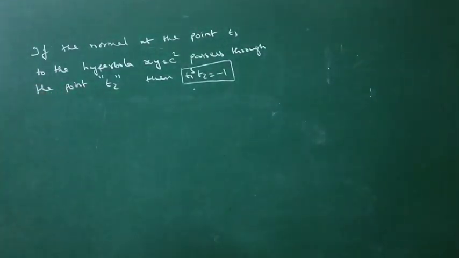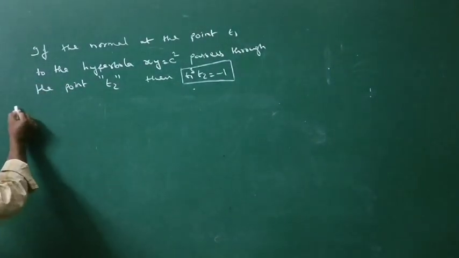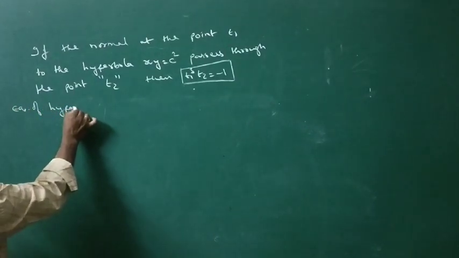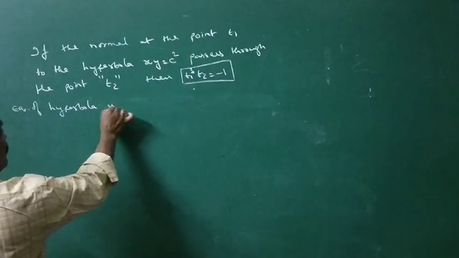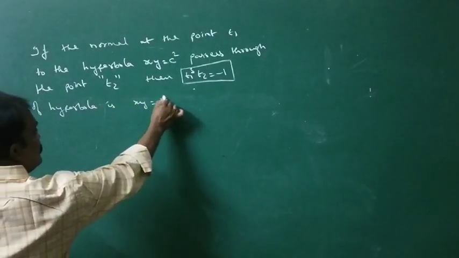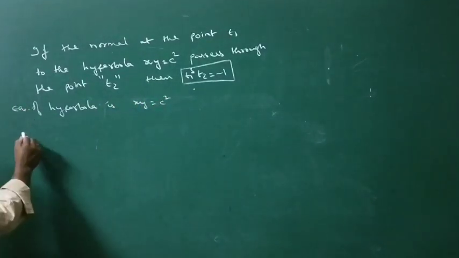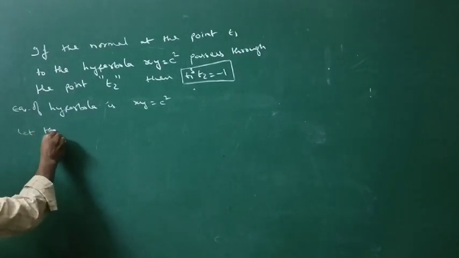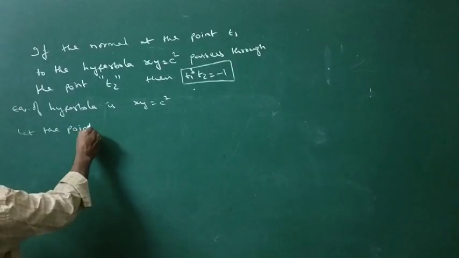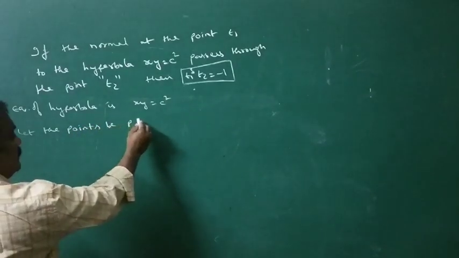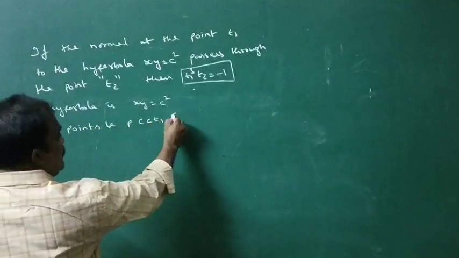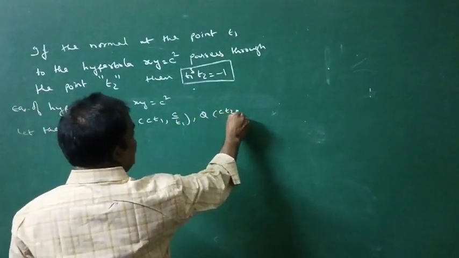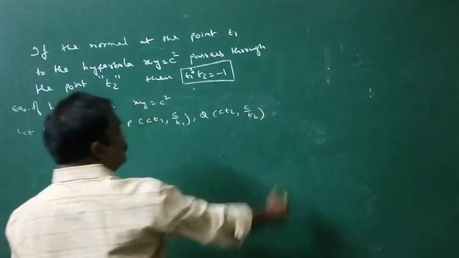So, now listen carefully. Equation of hyperbola is xy equal to c square. Let the points be P (c T1, c by T1), Q (c T2, c by T2).